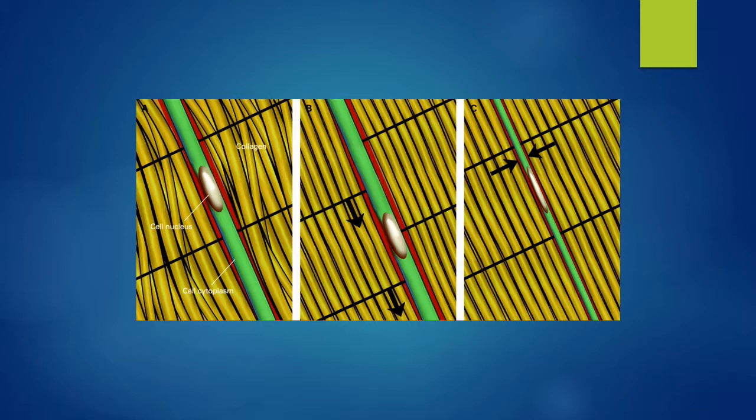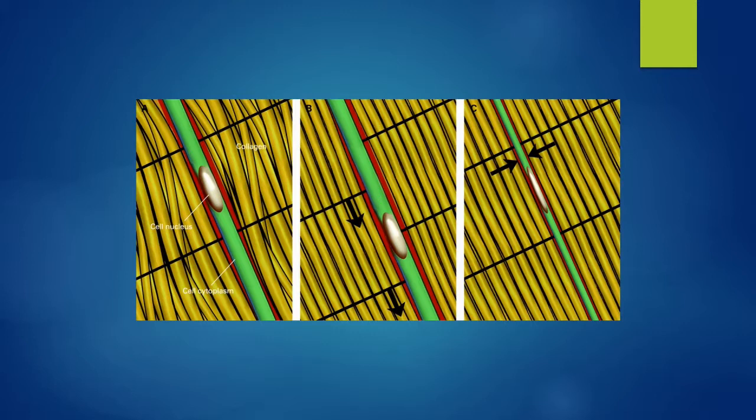So let's take a look at the microscopic structure. In green, they're depicting here a tendon cell, a tenocyte. And the red here is the plasma membrane of the tendon cell. The green is depicting the cytoplasm intracellularly within the interior of the tendon cell.